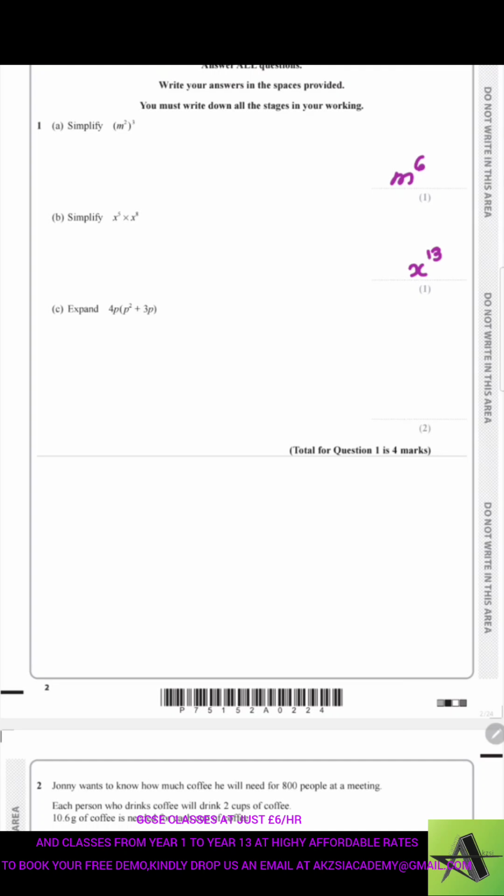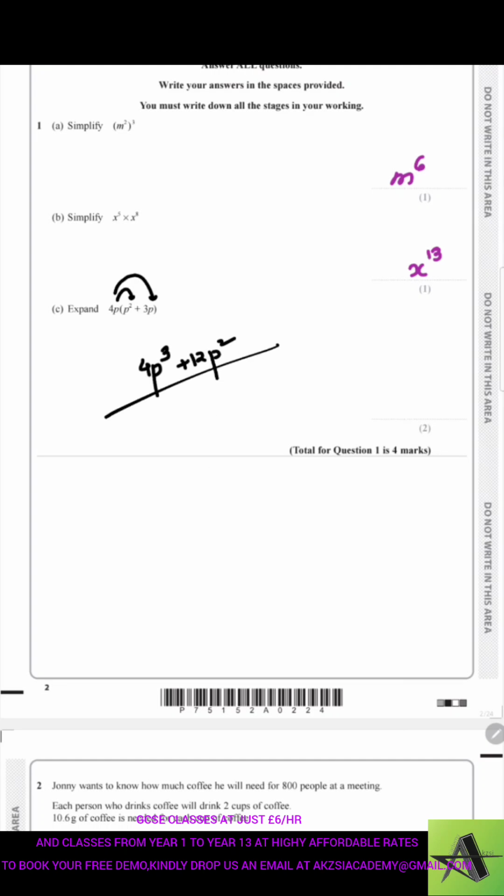In a single bracket, there will be just one term outside, but there can be many terms inside. Here, there are only 2 terms inside, so I have to multiply them together. So 4 times p squared, 4p cubed plus 4p times 3p, 12p squared.